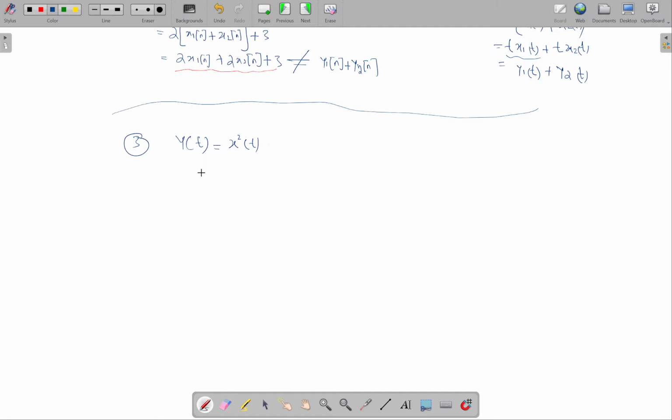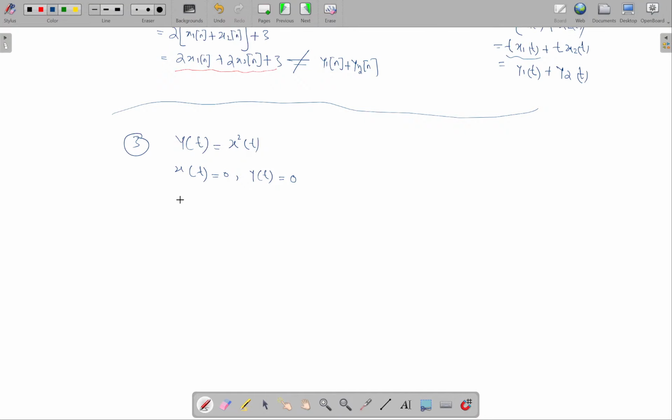If I again check my 0 in and 0 out property, if x(t) is equal to 0, y(t) is also equal to 0. Again, it is important to understand that this doesn't imply that my system is linear. I still need to check. The violation of this confirms that the system is not linear, but if it's satisfied, that doesn't mean that the system is linear. We still need to check.